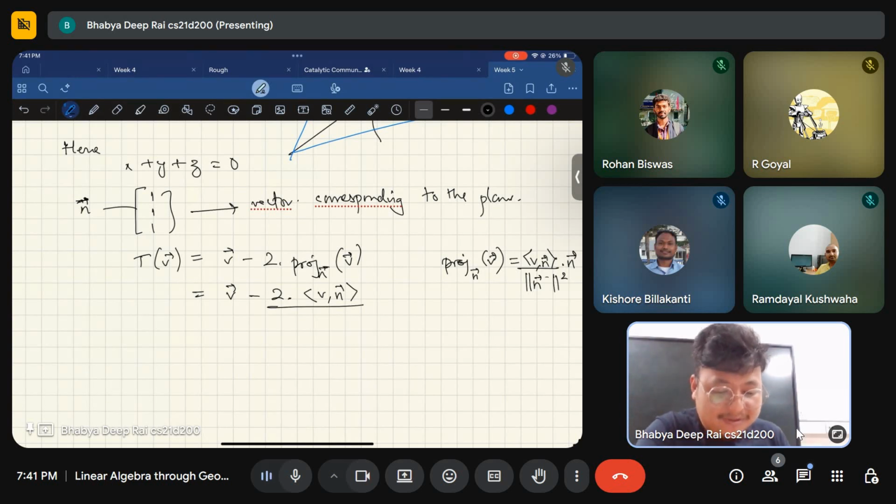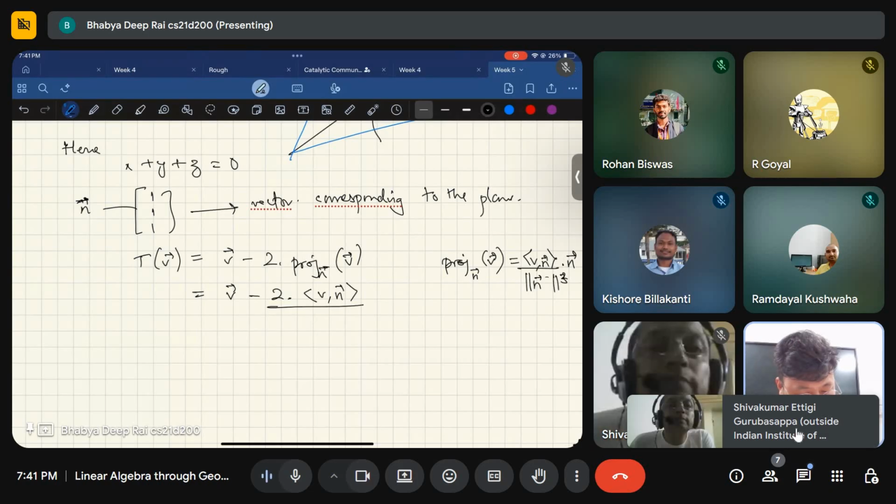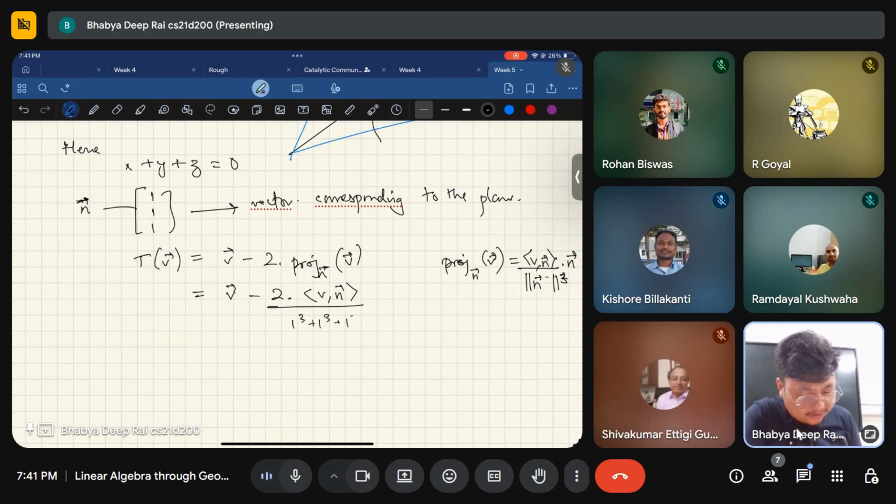Root of 1 squared plus 1 squared plus 1 squared, because it's 3-dimensional. Squared, that is just 1 plus 1 plus 1, which is 3, times the normal n, which is (1, 1, 1).